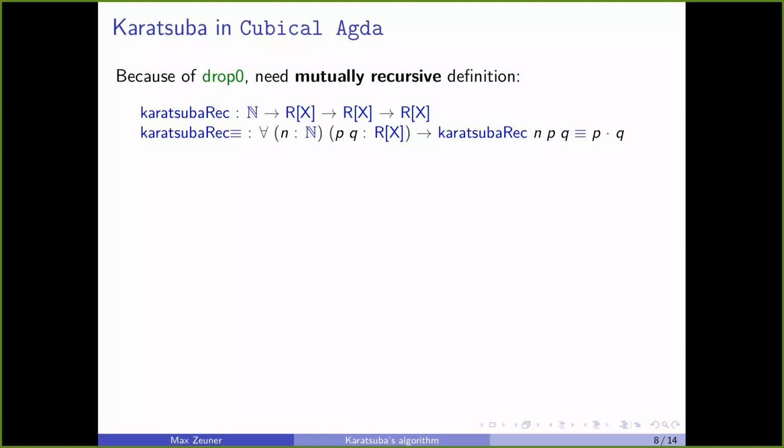This is the type signature of the correctness proof that we want to carry out. But because we have this higher constructor drop zero in R[x], we write this as a mutually recursive function, where we use the correctness proof to fill in the holes when we define the algorithm for the drop zero cases.